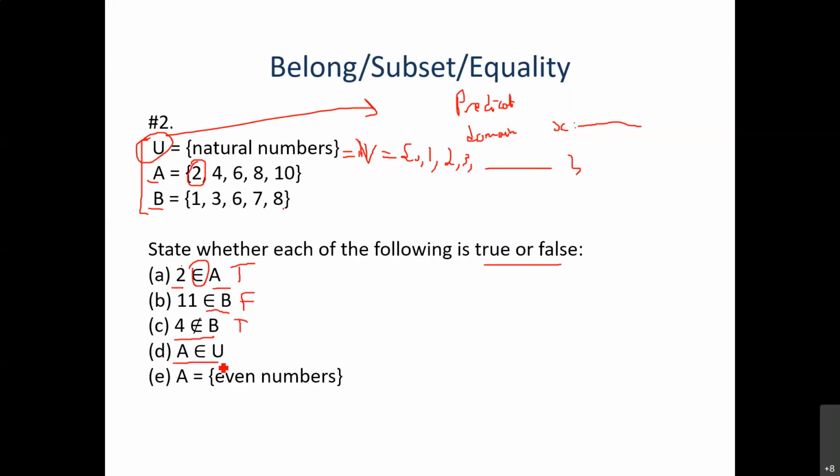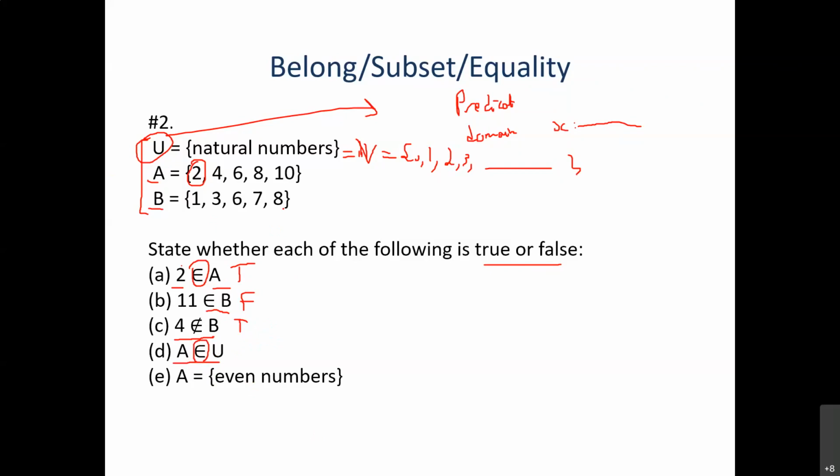Does A belong to U? No. We might say yes, A is going to be in U because U is everything, but this symbol belong is for elements. It's telling you, does the element A belong in the set U?